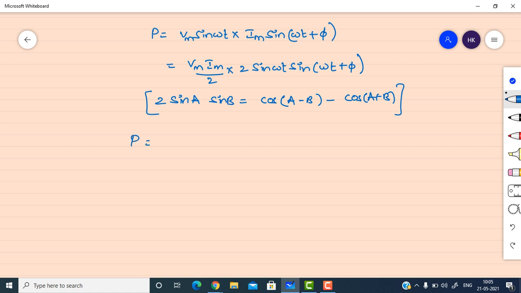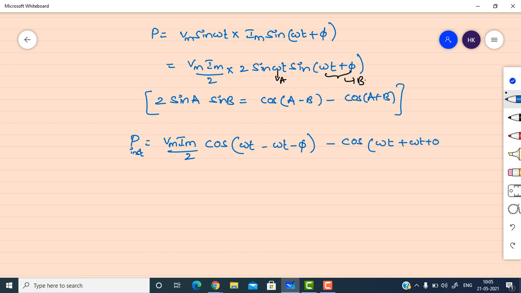This is the instantaneous power we are finding first. P instantaneous is equal to Vm Im by 2. In place of 2 sin A sin B, I am substituting cos A minus B. A means omega t, B means omega t plus phi. Omega t is A and this whole thing is B. Minus omega t minus phi, minus cos A plus B, omega t plus phi.